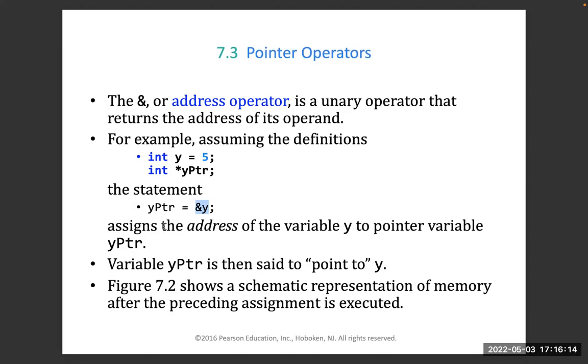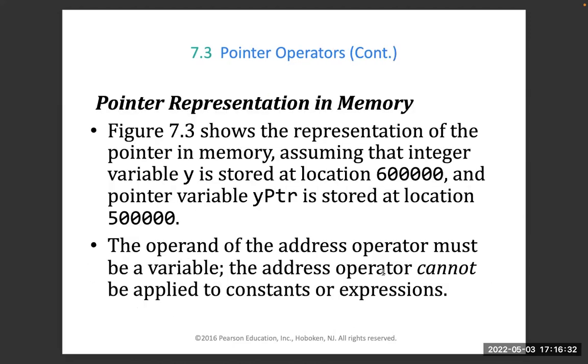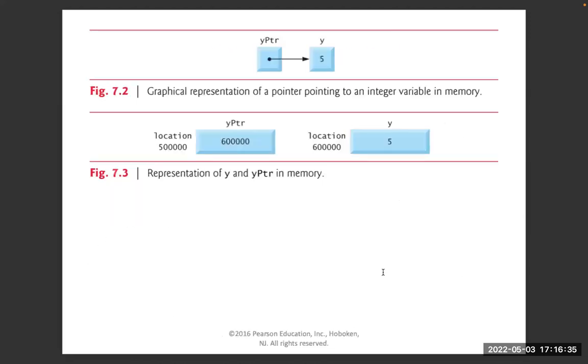So this one, we assigned the address of the variable y to the pointer variable yPtr. So now we can say variable yPtr is set to point to y. So let's go to this figure. Integer y has value 5, right?